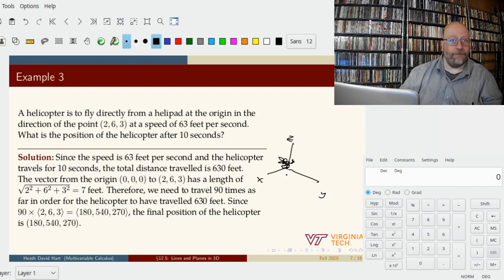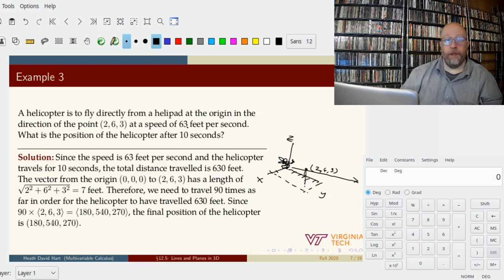It flies in the direction of the point (2, 6, 3). So there's 2, 6, and I'm going to go up 3 units from there. The helicopter is going to fly in this direction at a speed of 63 feet per second. What is the position of the helicopter after 10 seconds?